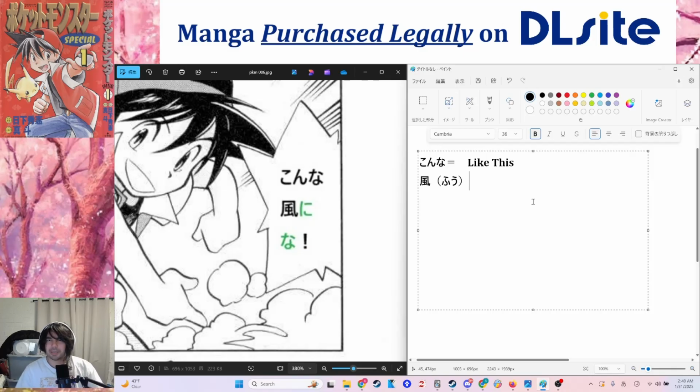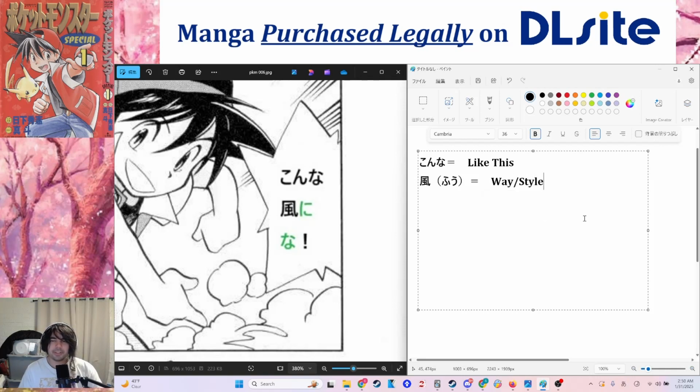Now, admittedly speaking, this is one of those times where having the furigana above the character really helps out. But if you know enough Japanese or if you've seen enough examples, this becomes really easy to see. Obviously, we're not talking about some kind of wind. We are talking about this kanji's meaning, which is like a way or a style.